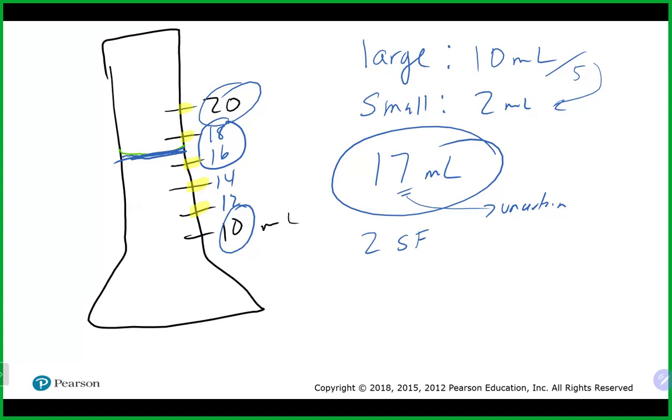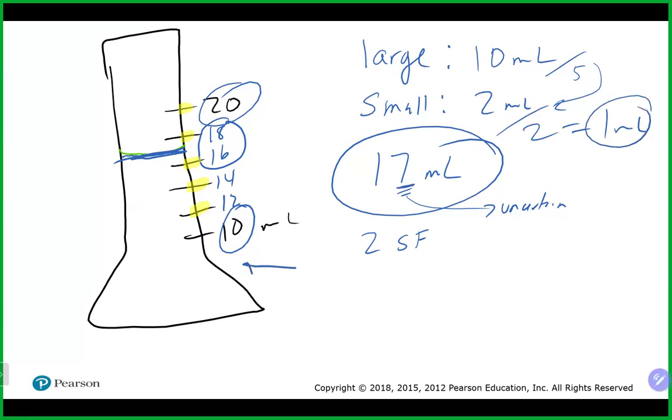So there is also another way if you want to figure out how far you should take a reading, which is if you could figure out what these smallest markings represent, you could actually just divide it by 2 and it'll tell you how far you should take the reading. For example, I can figure out that my smallest marking is 2. If I divide that by 2, that is 1 milliliter. That should go to a whole number.